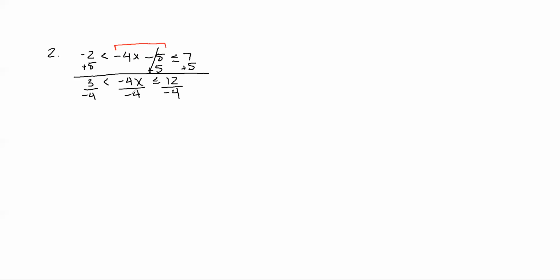Because we're dividing by a negative, we need to flip both inequalities. So this less than here is going to become greater than. This less than or equal to becomes greater than or equal to. They're still going to be in the same position. So don't flip them around that way. Just flip the direction that they're pointing.